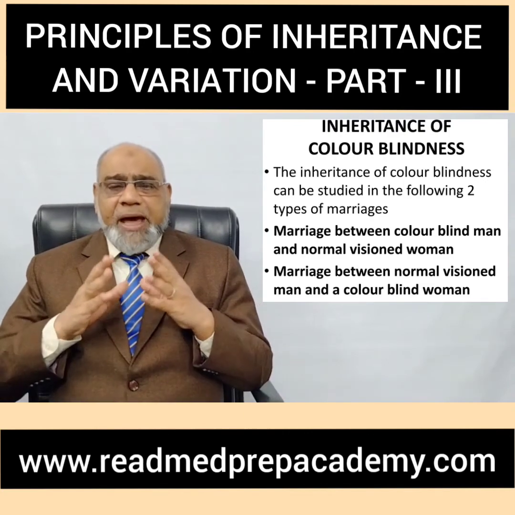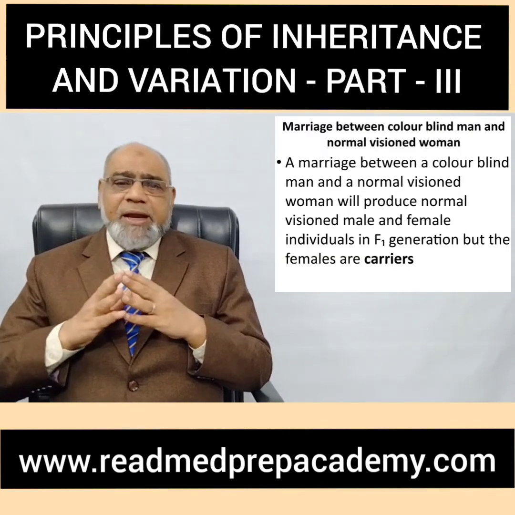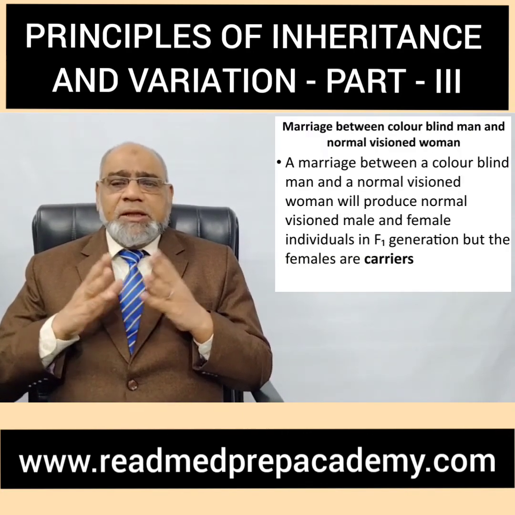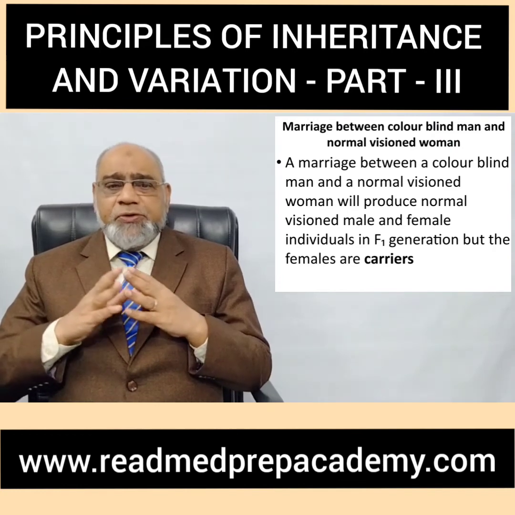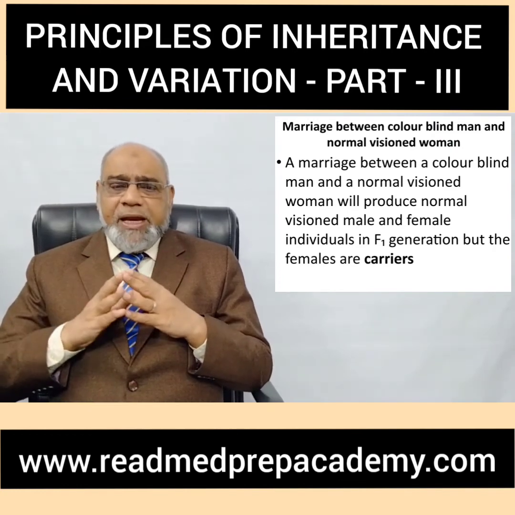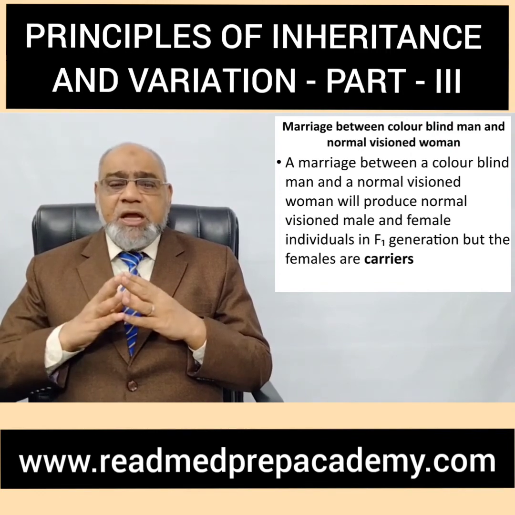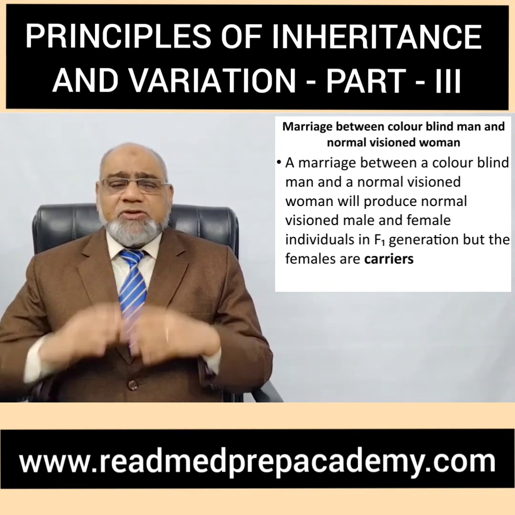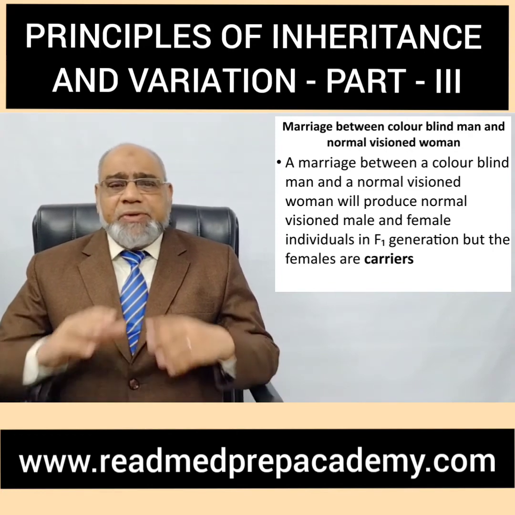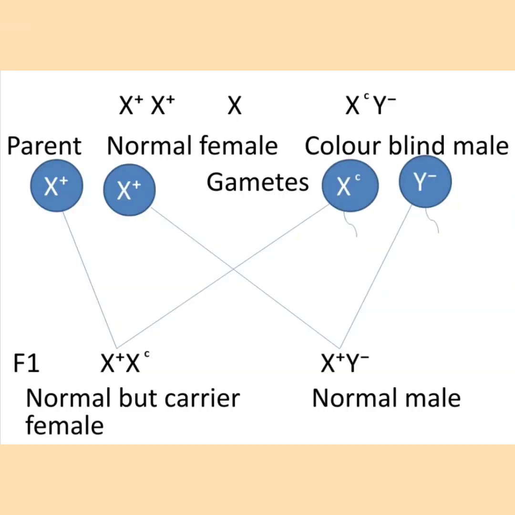Now, going to the marriage between a colorblind man and a normal vision woman. This marriage will produce normal vision male and female individuals in the F1 generation, but the females are the carriers of the disease. Here you can see the normal female producing normal gametes.